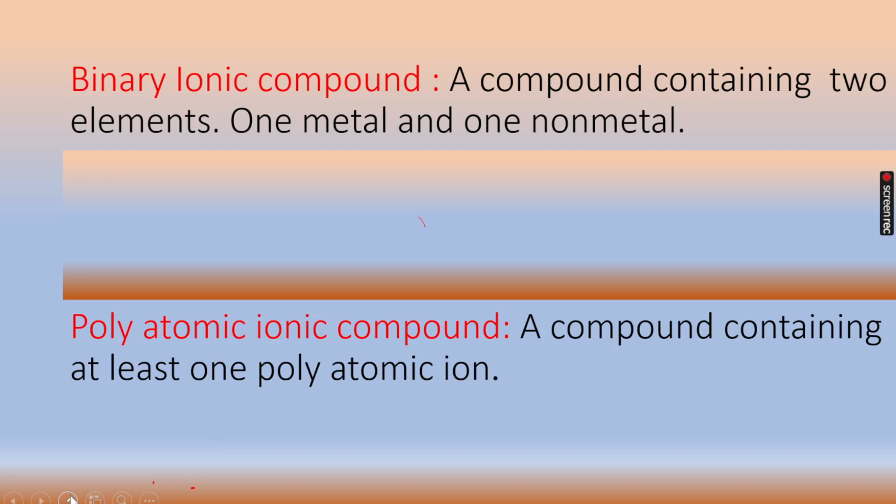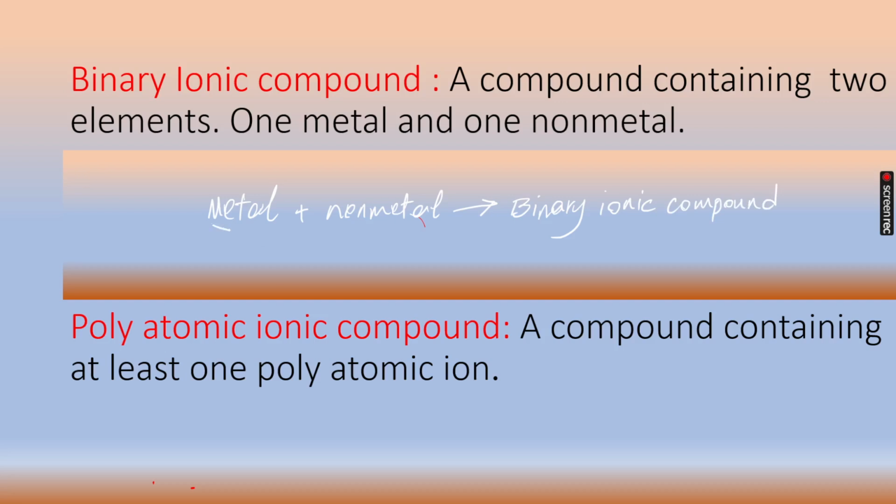So in this part, for example, metal plus non-metal can create a binary ionic compound.